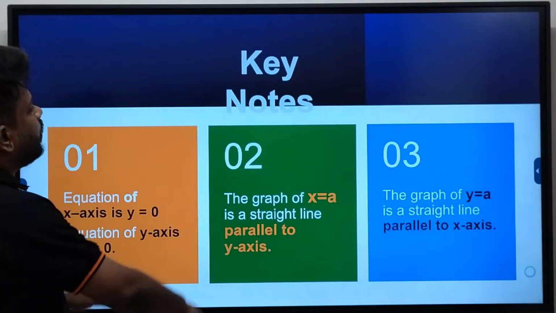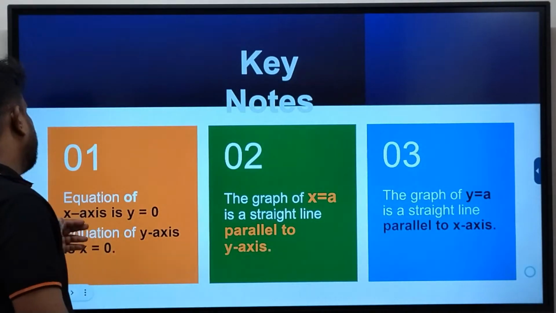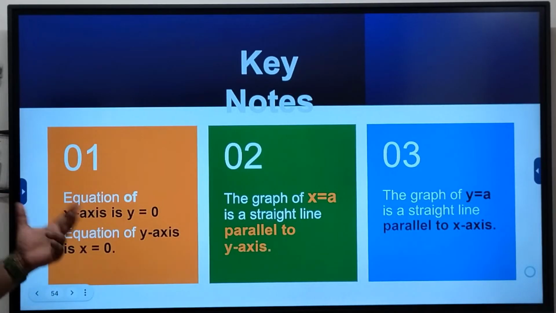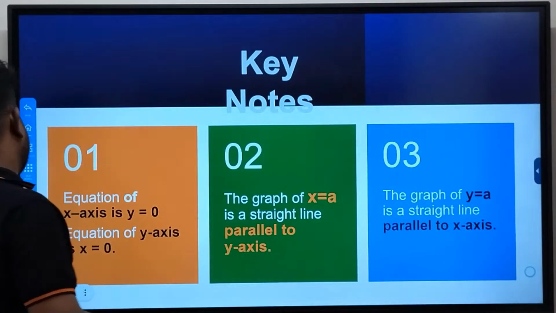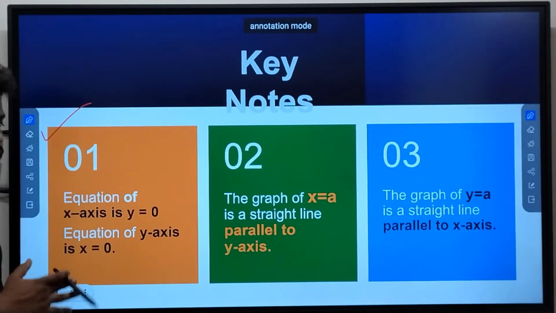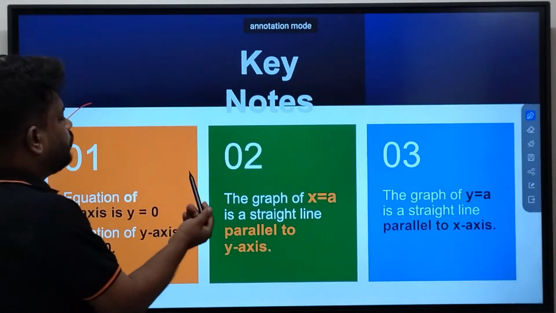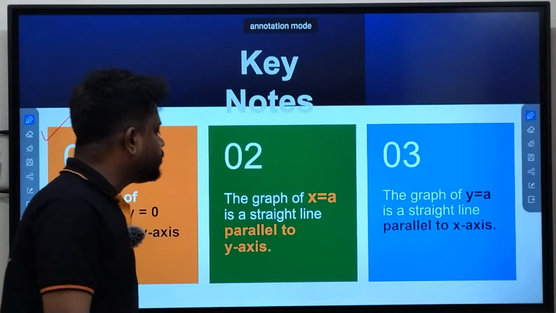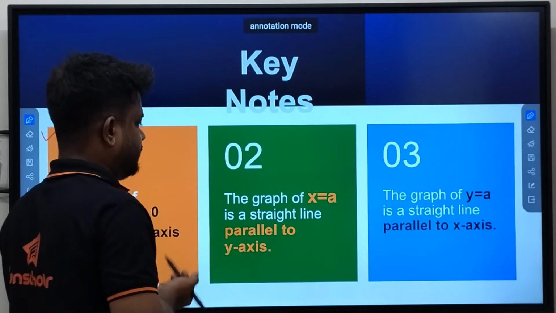So what are the key notes we get from this? The equation of the x axis is y equals 0. The equation of the y axis is x equals 0. This one must be clear to everyone. Number 2, the graph of x equals a is a straight line parallel to the y axis.